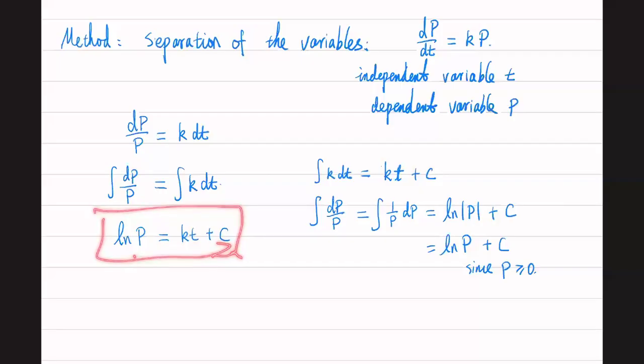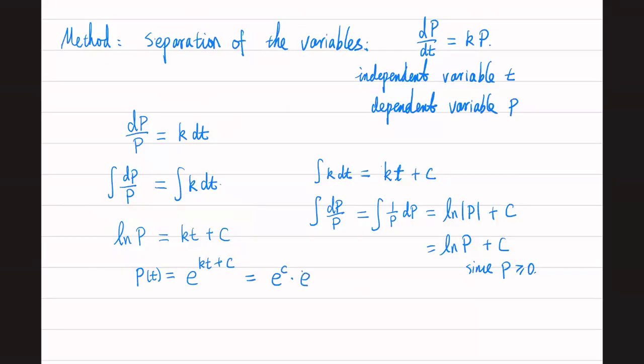We take a logarithm, we get p as the exponential. Then using the properties of the exponential function, e to the c, e to the kt. Again, this is an integral constant. We can relabel this.